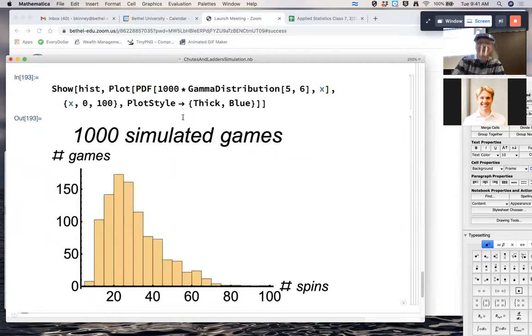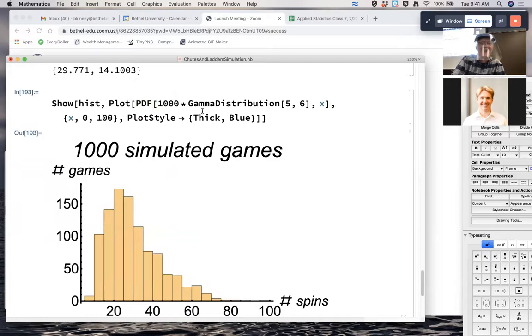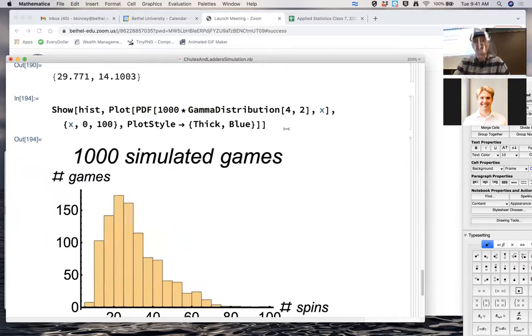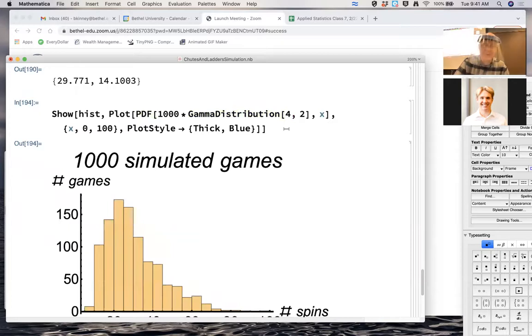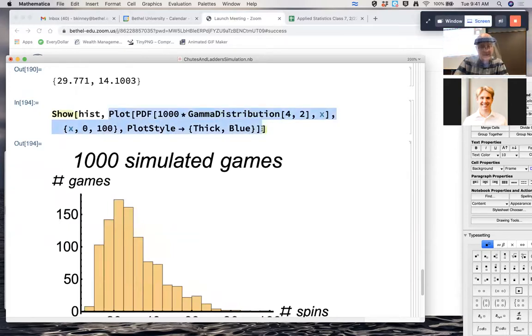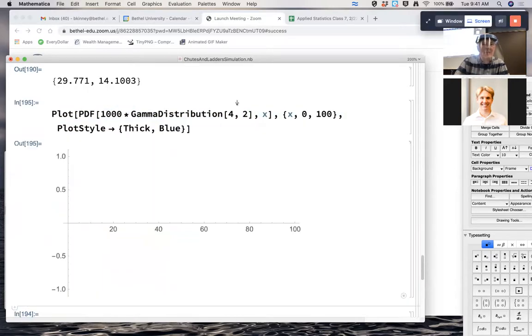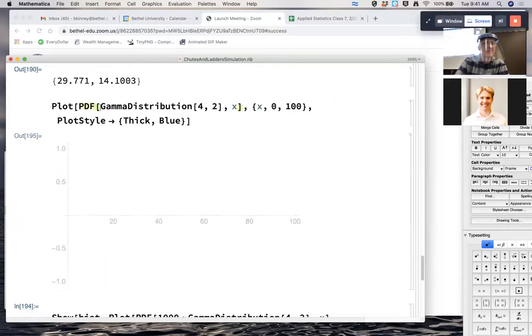This kind of thing happened before class too, when I was trying this. Why are we not seeing it here? Let me try the lower values. I was having trouble before class, but I did get it to work, so I'm not sure why it's not working now. Maybe let's just plot this by itself here. Why is it not plotting? Oh, because the 1,000 needs to be outside, that's why.